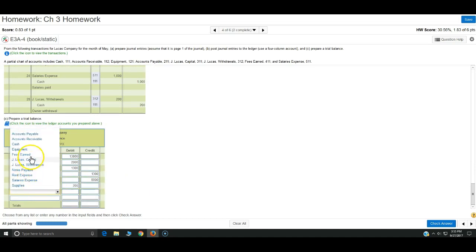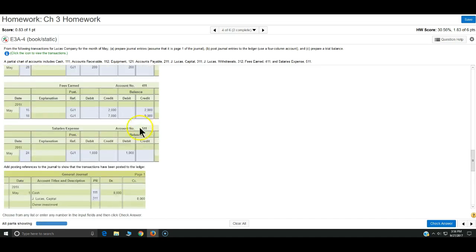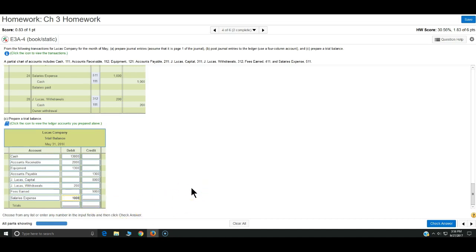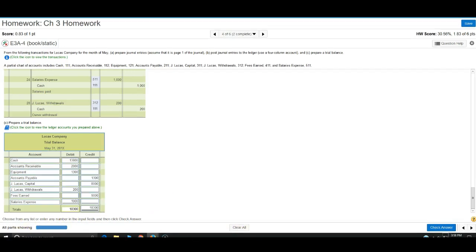Fees earned, 9,000 credit, so it's debit for debit, credit for credit from the ledger to the trial balance. And the last one was the expense, $1,000 debit from the ledger to the debit balance side of the trial balance. So there's your salaries expense account, $1,000. And then we got to get the totals.